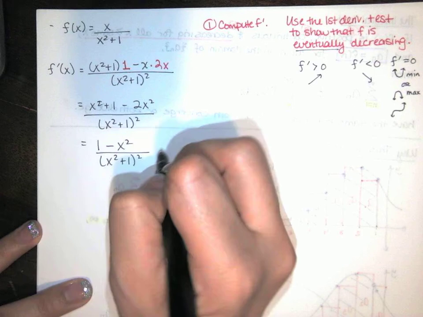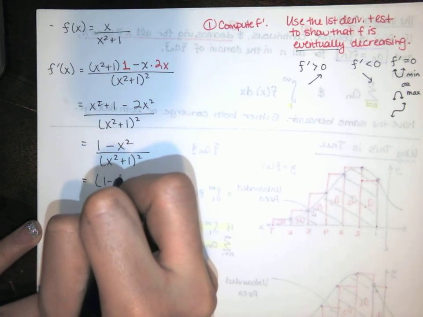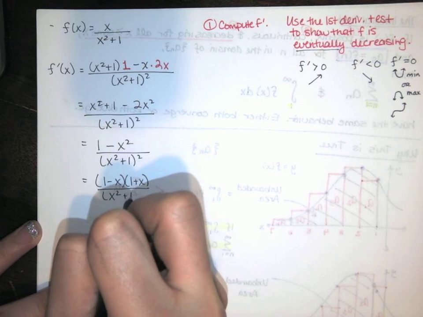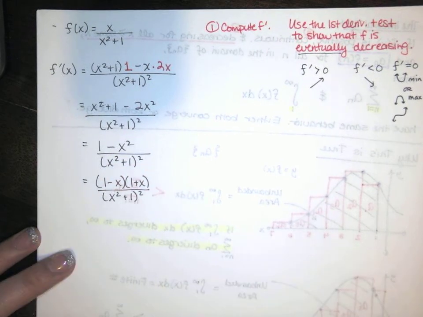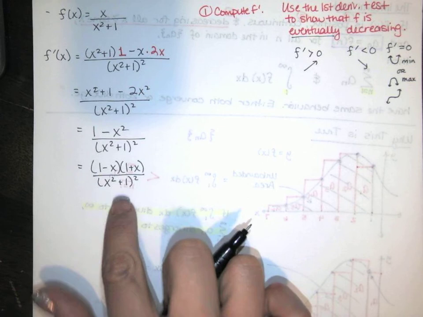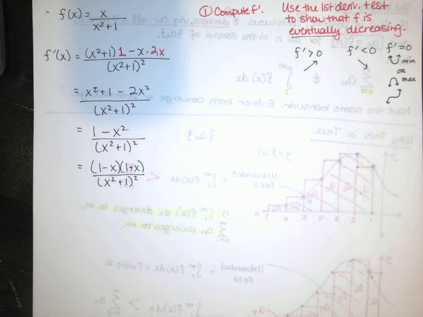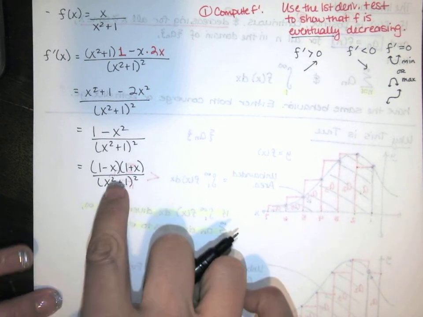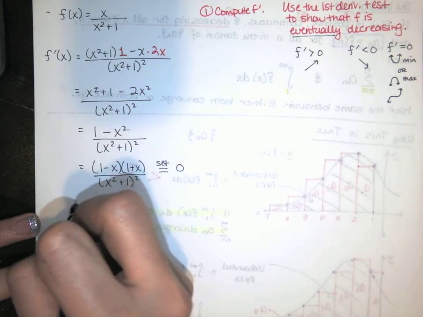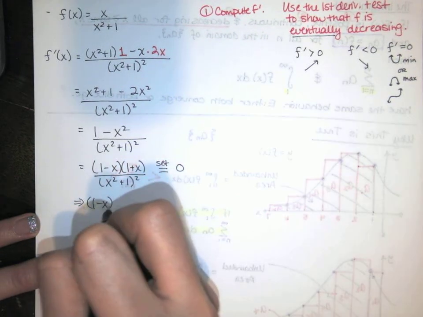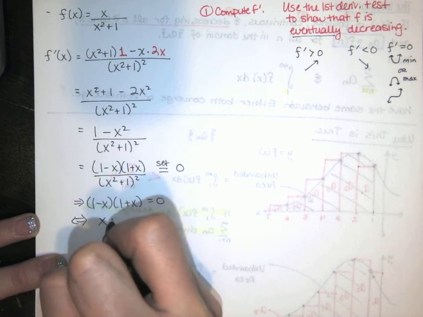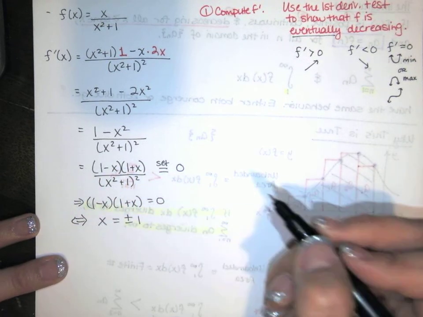Now if I factor that numerator, that's a 1 minus x and a 1 plus x. So this derivative is 0 whenever the numerator is 0, because I'll have 0 divided by something, and 0 divided by something is always 0. So the derivative is 0 when 1 minus x or 1 plus x equals 0. So that means x is equal to plus or minus 1.